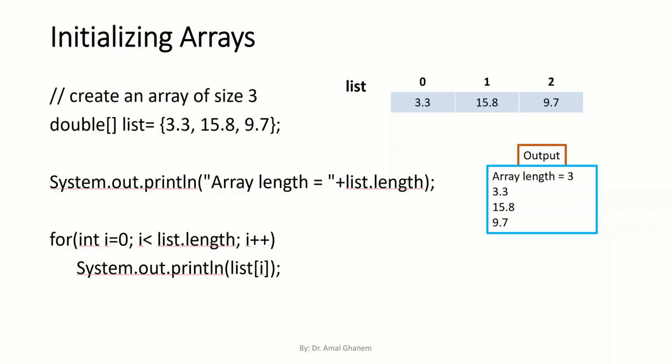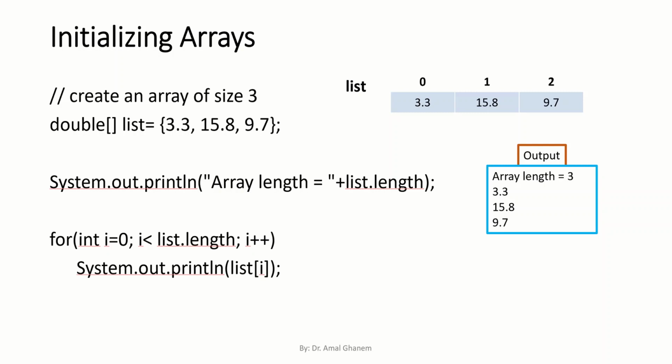So here 3.3 is the first element, 15.8 is in location 1, 9.7 in location 2. Now you will notice that we didn't mention the size of the array, but automatically, because I have only 3 values, the length will be 3. So if you do System.out.println of list.length, it will give you 3.